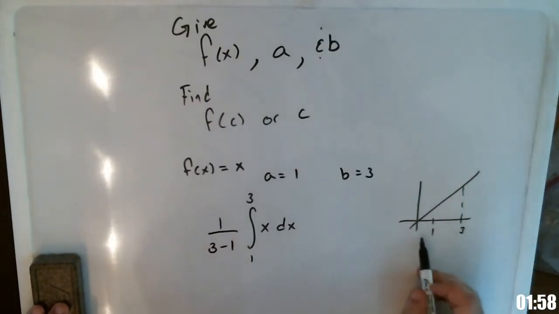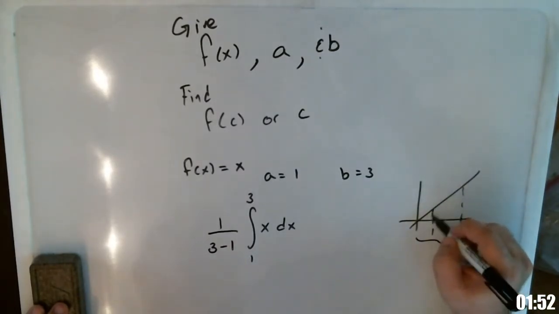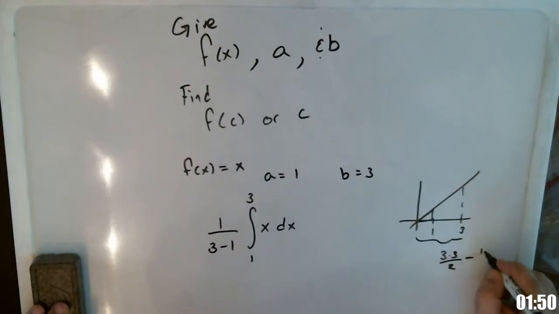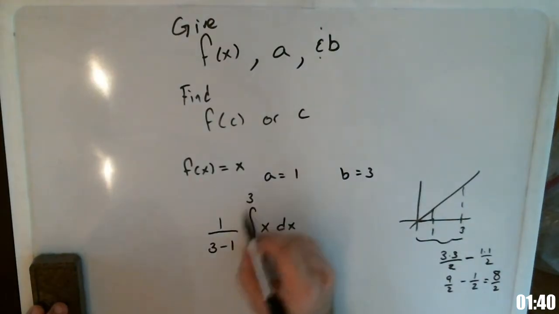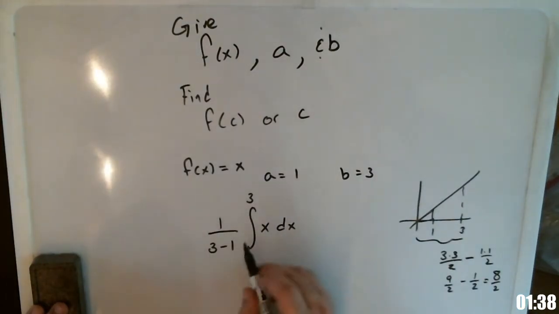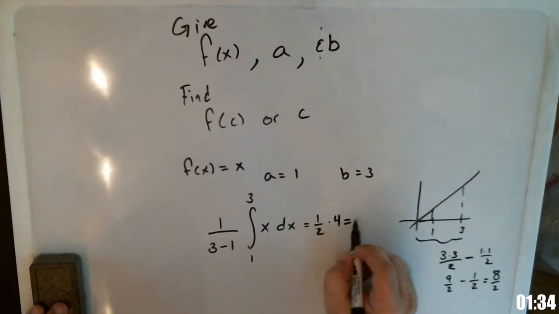That means I can compute the big triangle's area, which is 3 times 3 over 2, and subtract from it this little triangle's area, which is 1 times 1 over 2. And so what I get is 9 halves minus 1 half, or 8 halves, which is the same as 4. So I know this part equals 4, and this part equals 1 half, so I have 1 half times 4, or 2.